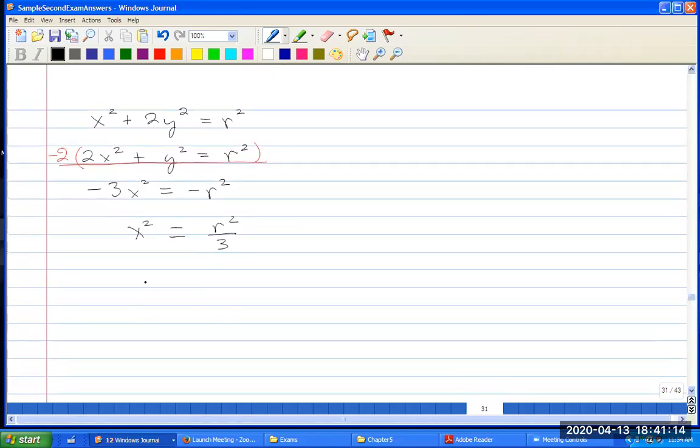Since I want that x is greater than or equal to 0, then I have here that x is r over root 3.